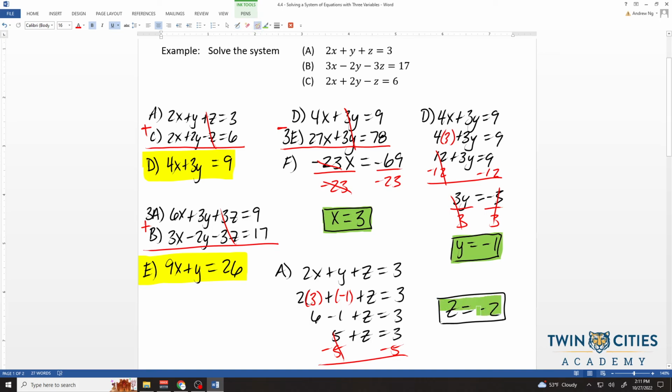So x equals 3, y equals -1, z equals -2. In a three-dimensional space here, there is going to be an intersection, and that intersection is going to take place at (3, -1, -2).